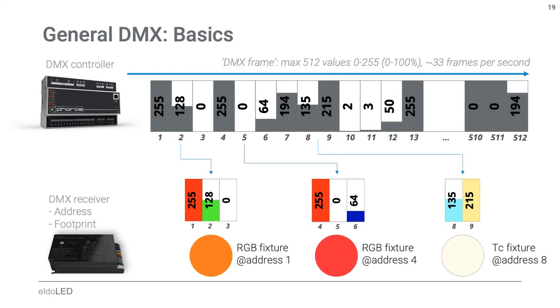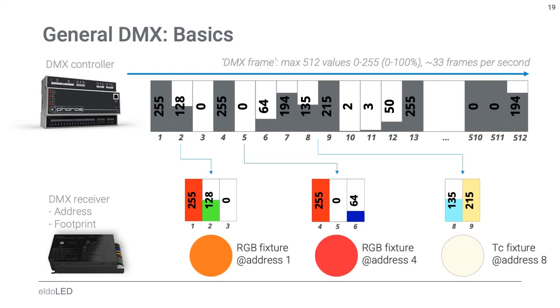That's actually coming from the driver. Let's say you have a driver that is controlling RGB channels. It means most likely that driver has a footprint of 3, one for red, one for green, one for blue. And it also has a start address to know where in this line of DMX channels to look.